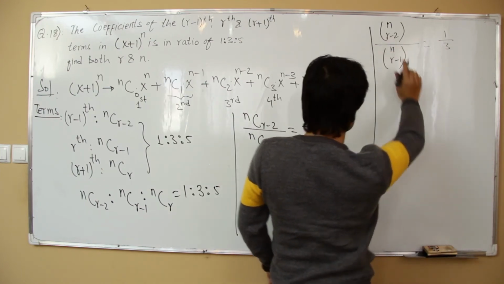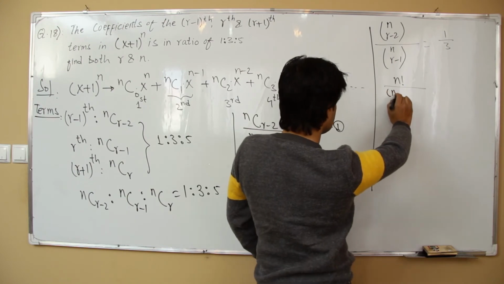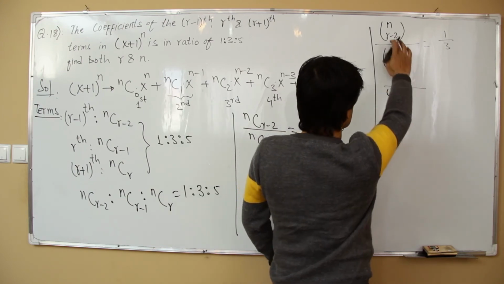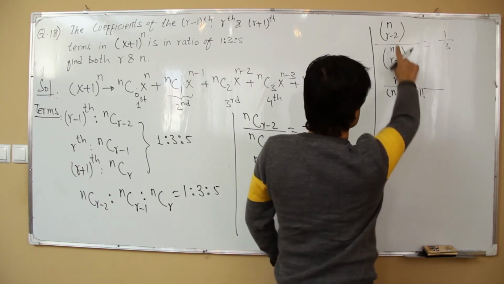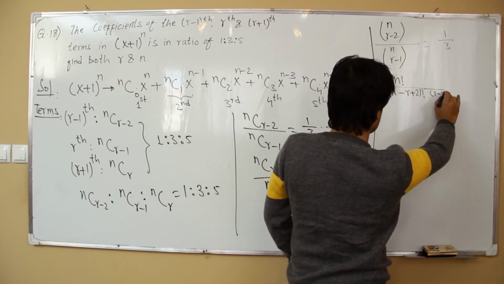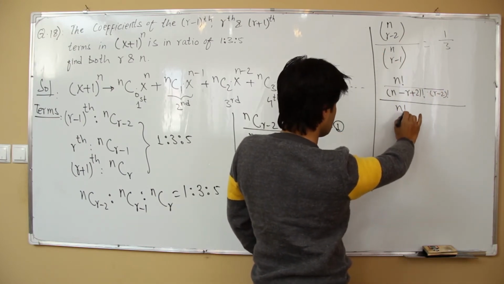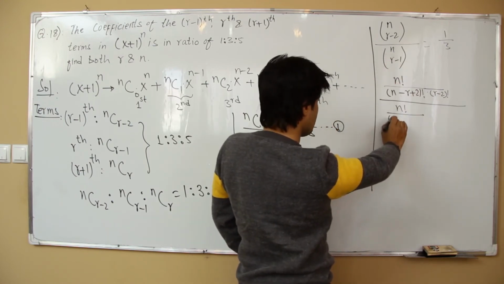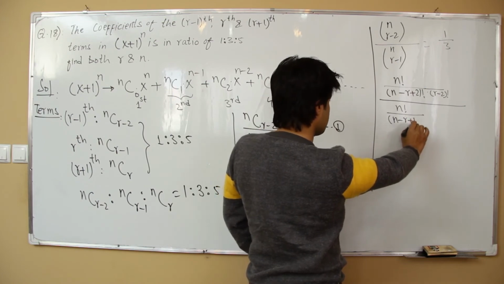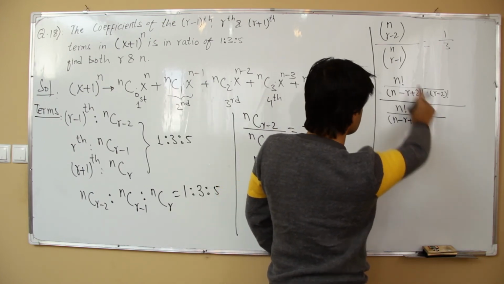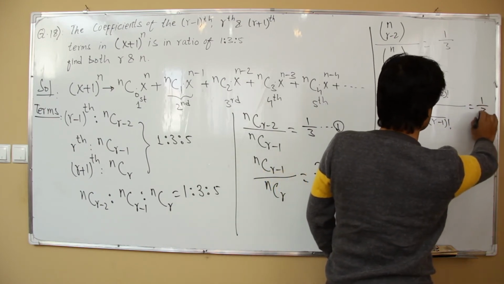If you simplify this, it is n factorial divided by (n minus (r minus 2)), with this minus it's plus 2, factorial times (r minus 2) factorial, divided by n factorial, (n minus (r minus 1)), with the minus it's plus 1, factorial times (r minus 1) factorial, is equal to 1 divided by 3.